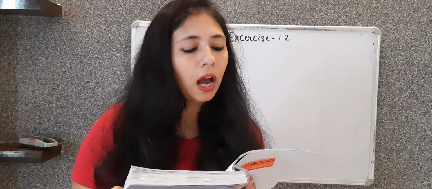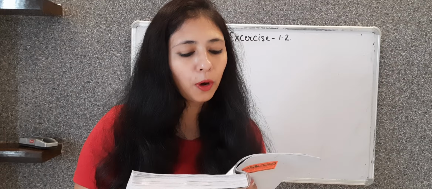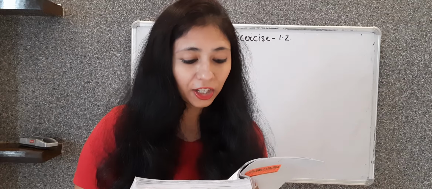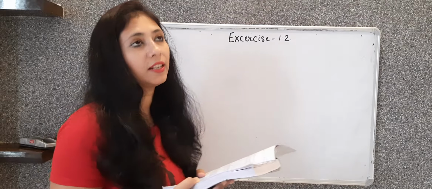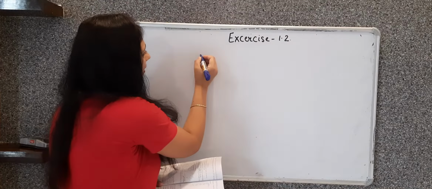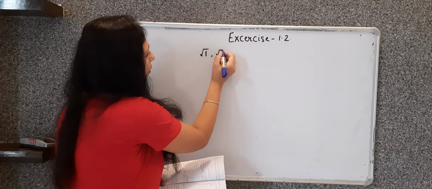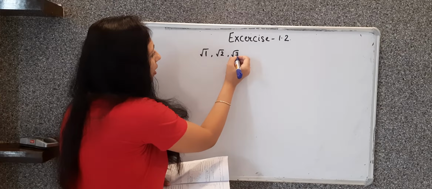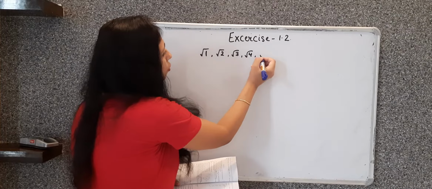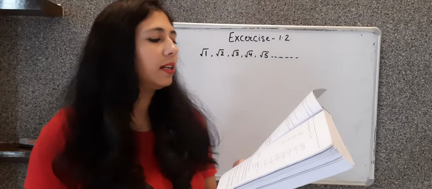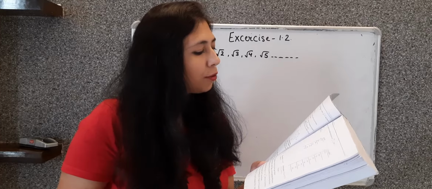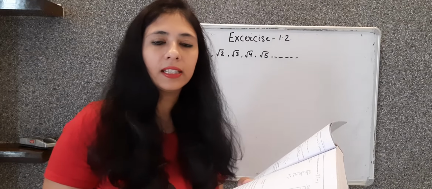Question number 2. Are the square roots of all positive integers irrational? So what are they asking? If I take all positive integers and take their square roots, like root 1, root 2, root 3, root 4, root 5, is the square root of every positive integer irrational?